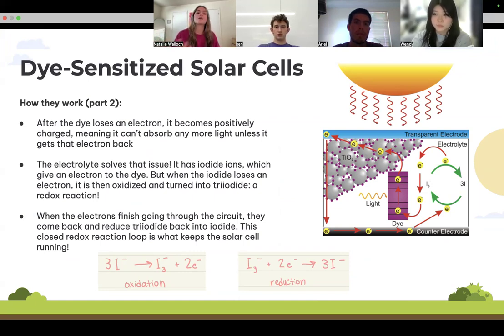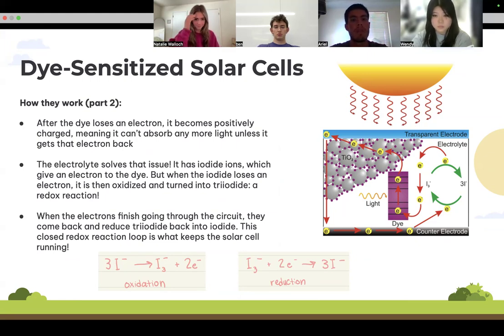And so then, how do we solve that issue? The electrolyte actually solves that issue. It contains iodide ions, which end up giving an electron back to the dye. But then the iodide ion loses an electron, so it's oxidized and turned into triiodide, which is a redox reaction.